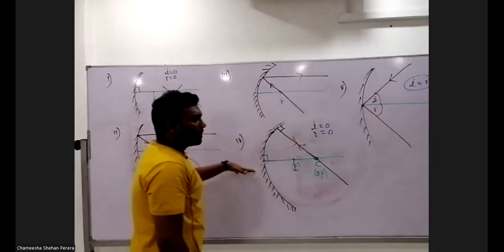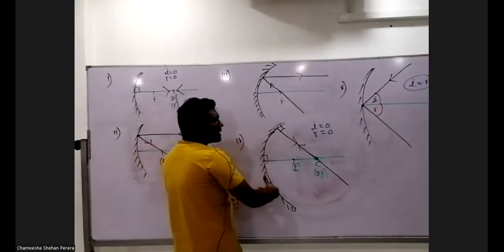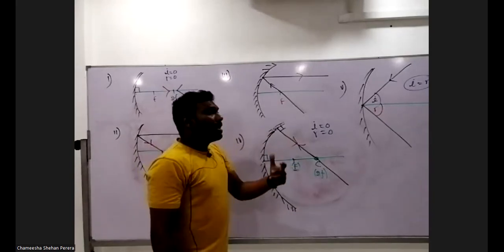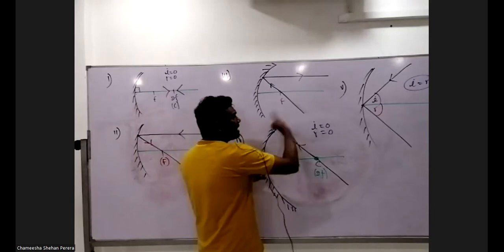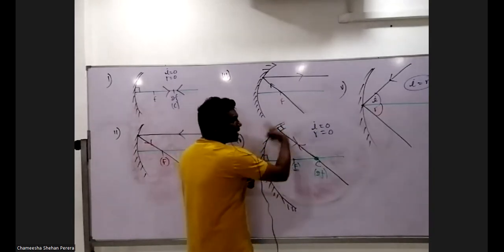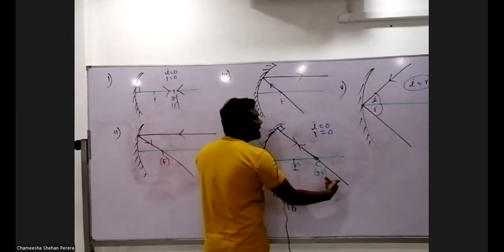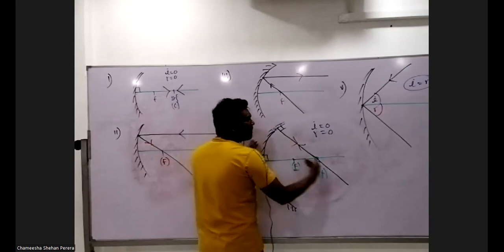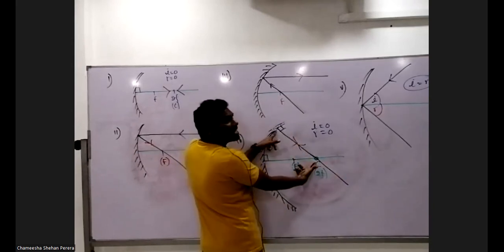The fourth one: if a light ray reaches the concave mirror surface through the center of curvature. Now what is the center of curvature? The center point from which this entire curved mirror, the concave mirror, was created. So a light ray reaching the mirror through the center of curvature is similar to the radius of a circle.